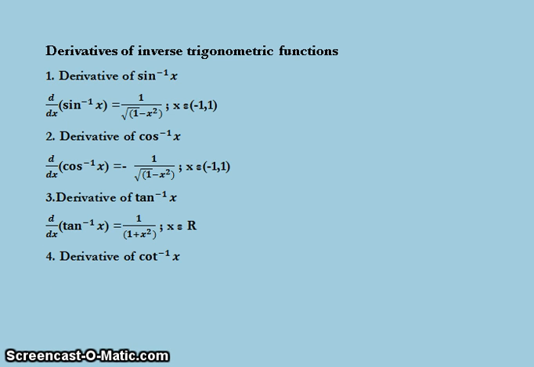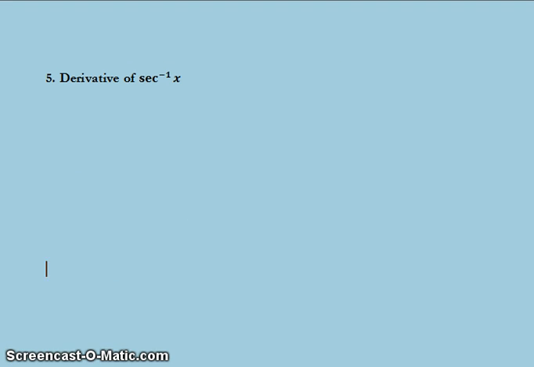Next we have the derivative of cot inverse x, which is denoted as d by dx of cot inverse x and is equal to minus 1 divided by 1 plus x square for x belonging to R. Next we have the derivative of sec inverse x, where x belongs to R minus the interval minus 1 to 1.